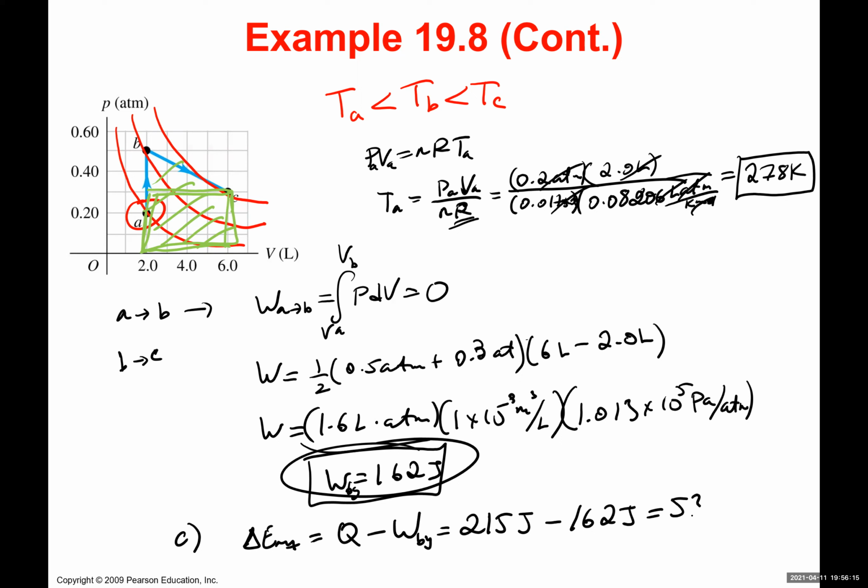That means we get 53 joules. So out of the energy added to the system, 162 went into doing work, and only 53 joules went into actually changing the internal energy of the system.